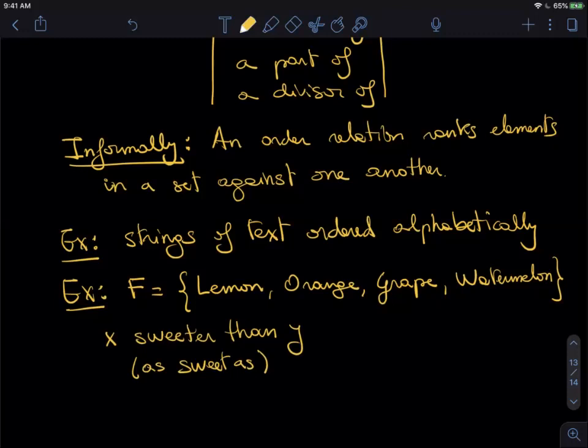So if we do like this, then the lemon is less sweet than the orange. The orange, now here it depends, but in my experience, the watermelons I have seen are usually less sweet than the grapes, but you may have a different experience, so up to you. But let's rank them like this.